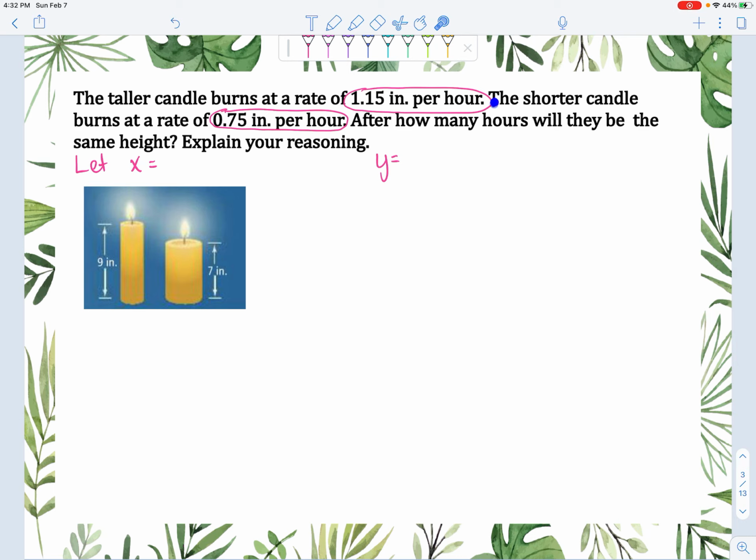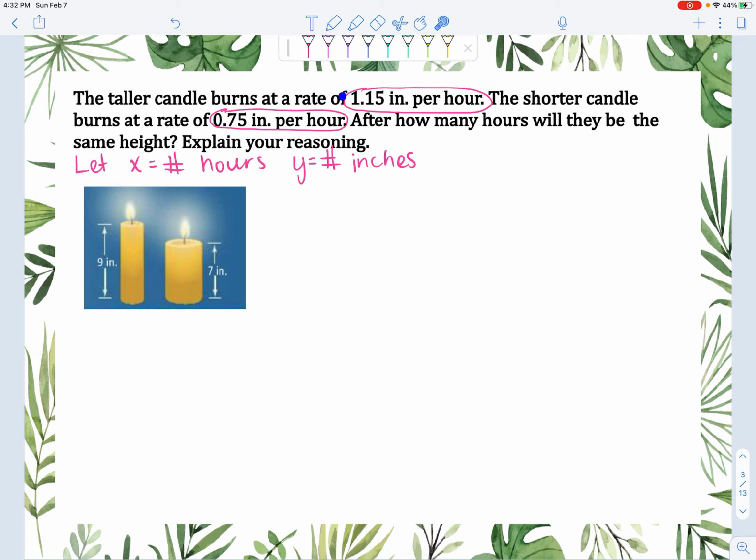Well, you can kind of think about it logically. We can't control time. That's always going to be independent. So the inches is going to be dependent and the hours will be independent. So I'm going to say let x equal the number of hours, and therefore y is going to be the number of inches. I'm just going to move this a little bit closer. There we go.